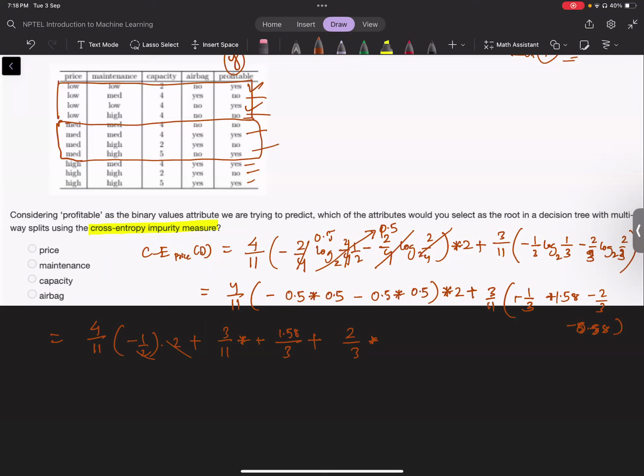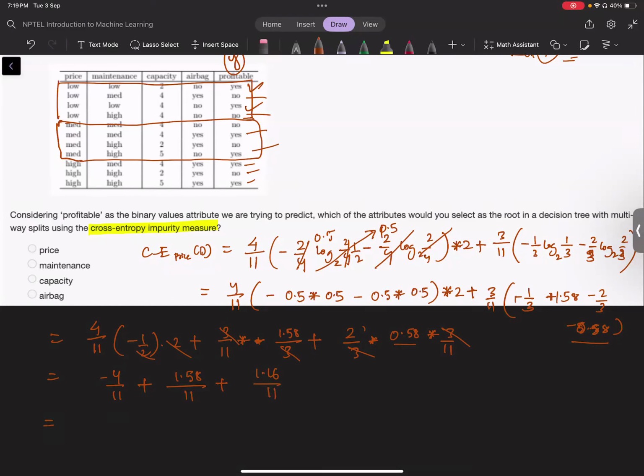So this is plus 2 by 3 into 0.58, into 3 by 11. It is minus 4 by 11 plus, with this multiplication the 3 cancels, 1.58 by 11, plus the 3 cancels, into 2 is 1.16 by 11.